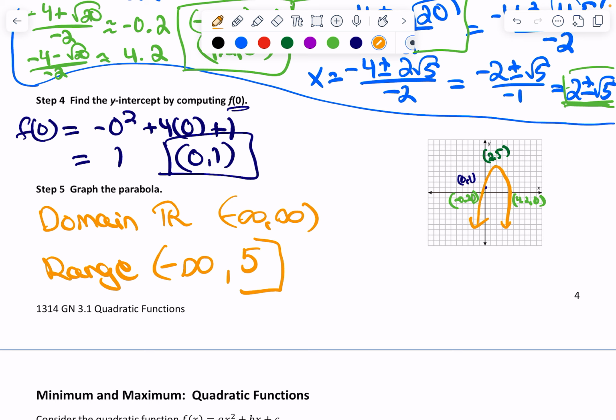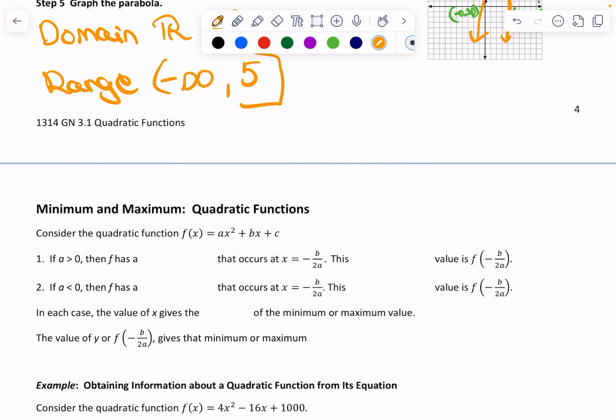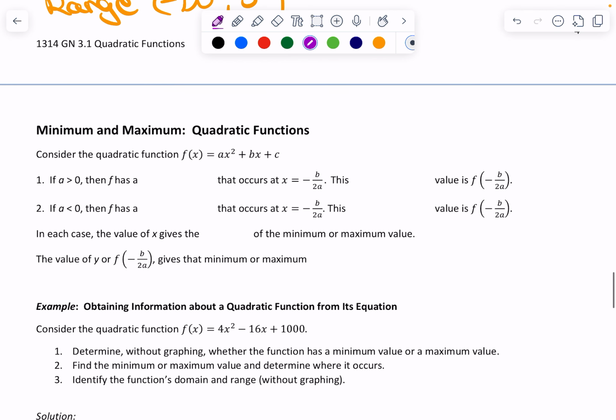Okay, next what we're going to look at are the minimum and maximum of quadratic functions. So consider, again, the standard form, ax squared plus bx plus c. If a is greater than 0, then the function has a minimum that occurs at x equals negative b over 2a.